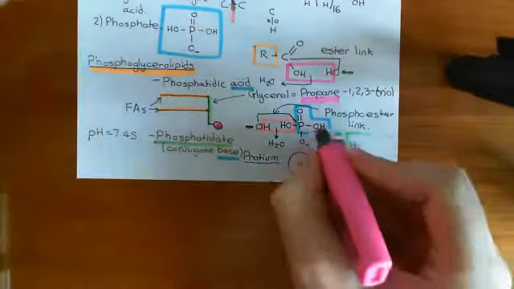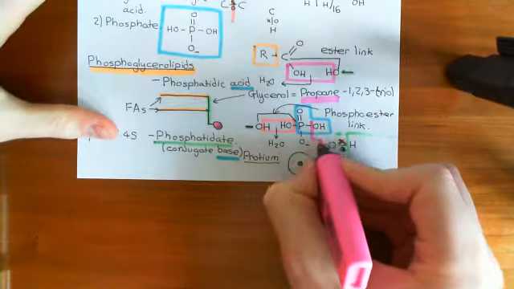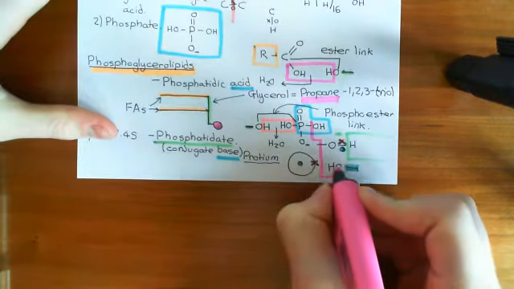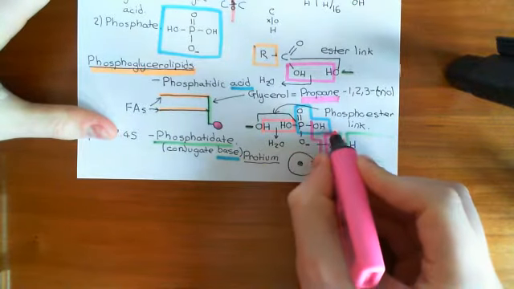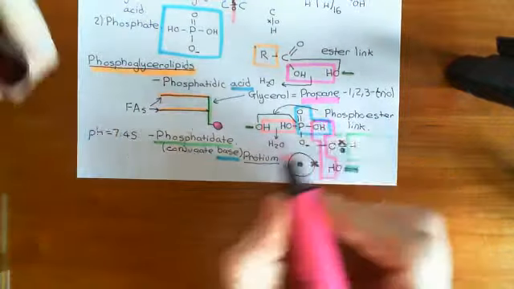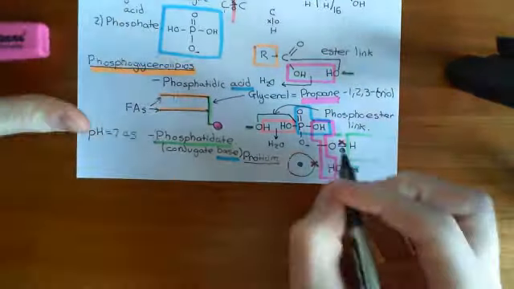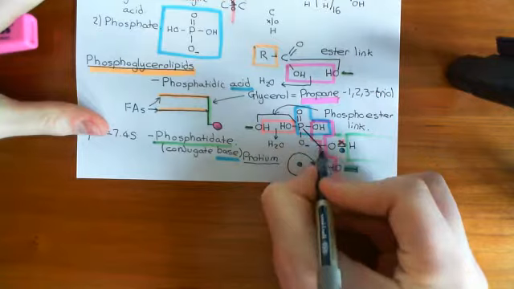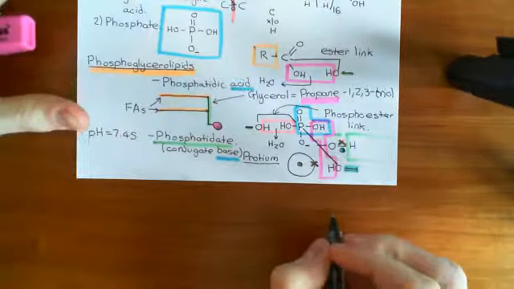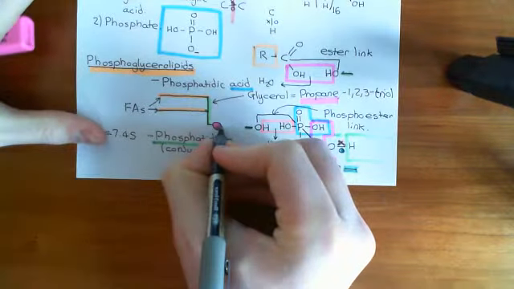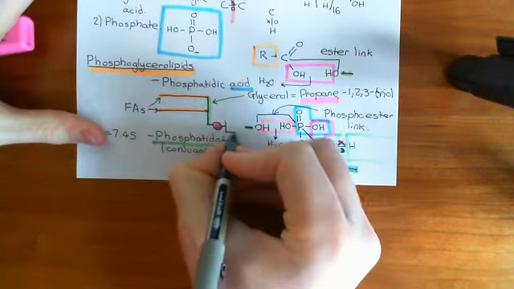So what could happen is we could take the alcohol group off the phosphate group, we could take the hydrogen off the alcohol group, we can combine those two together to make water, and then we can link this phosphorus atom of the phosphate group to the oxygen atom of that alcohol molecule, and this is how we make more general phosphoglycerolipids.